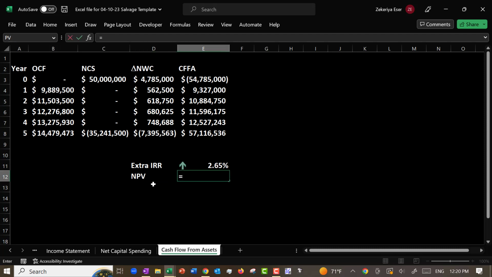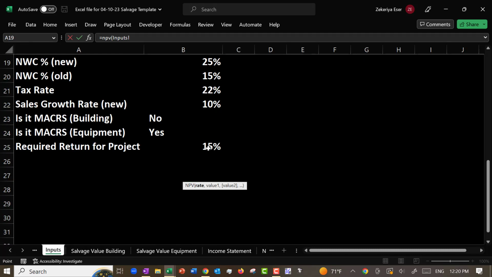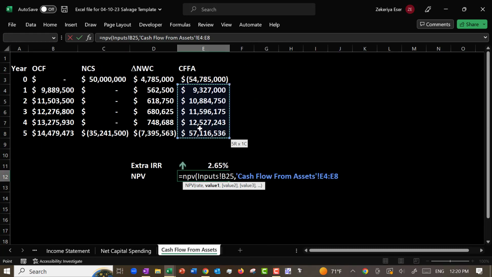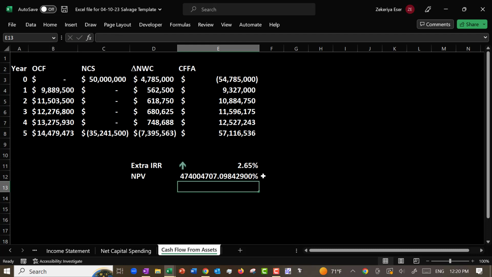NPV. There's an Excel function called NPV, but that only calculates the present value of future cash flows. The first argument is the required rate of return, and the second argument is all the future cash flows, which means you have to deduct period 0 cash flow.